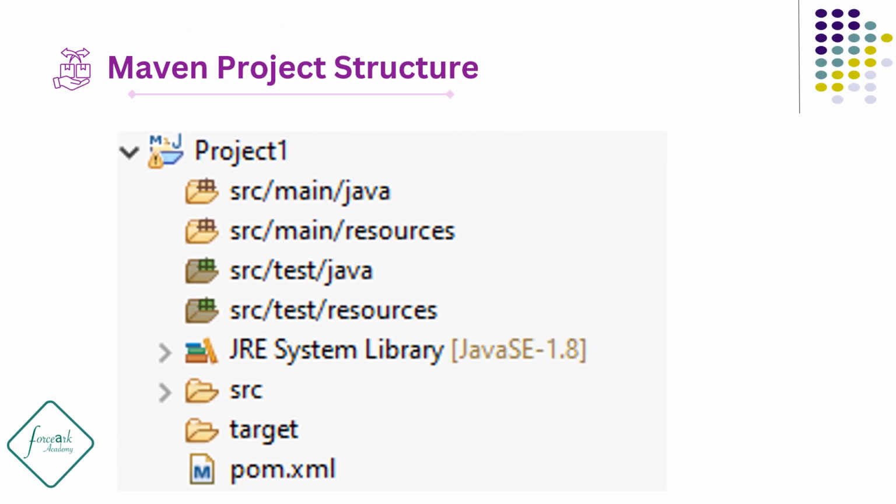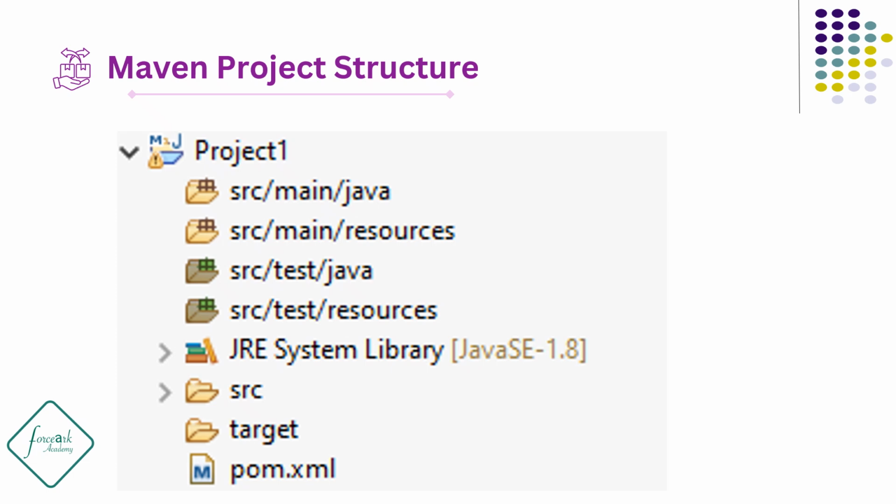So here is how your Maven project structure will actually look. The project one is your main Maven project root directory, and all your code, resources, configuration files and dependencies lie in this.